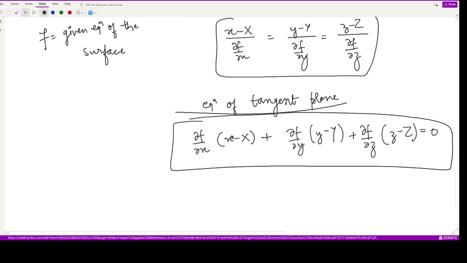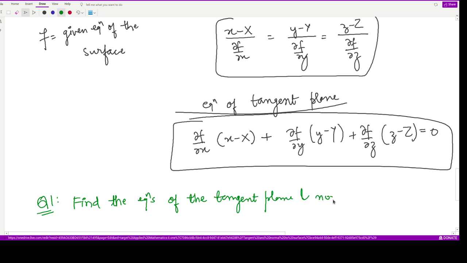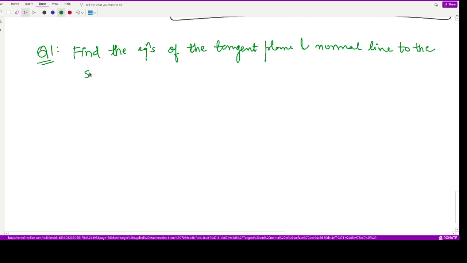Okay, so let us look at one question for better understanding. The question is, we have to find the equations of the tangent plane and normal line to the surface x square by 2 minus y square by 3 is equal to z at the point 2, 3, minus 1.